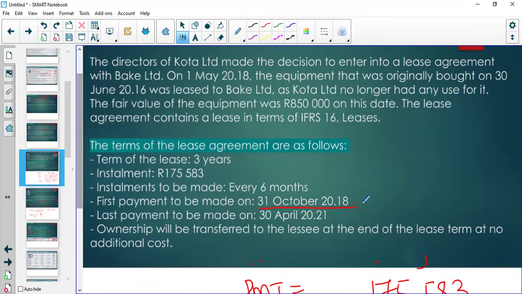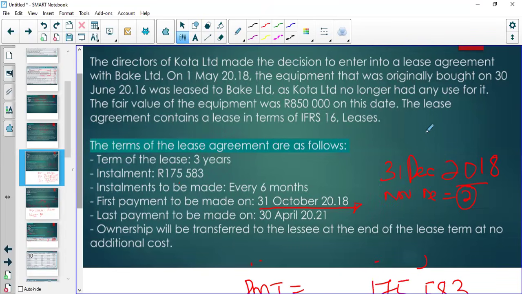Do you understand that? Then the year ends 31 December 2018. So which means that when the year ends, we have 2 months, November and December, for which we haven't received payment.